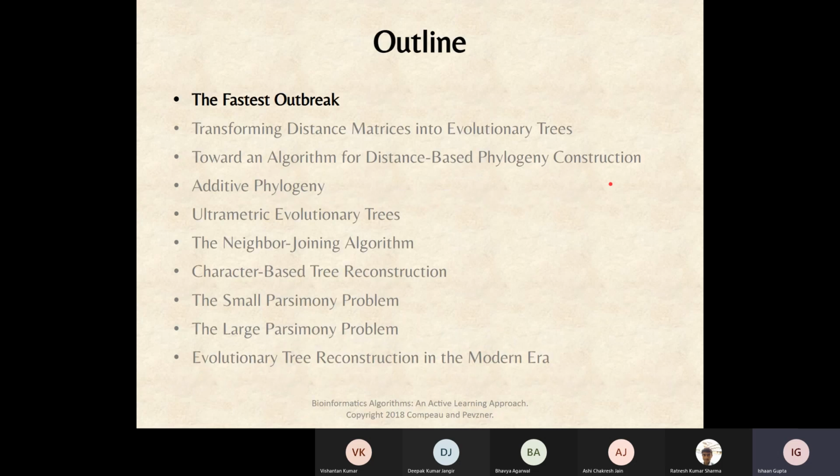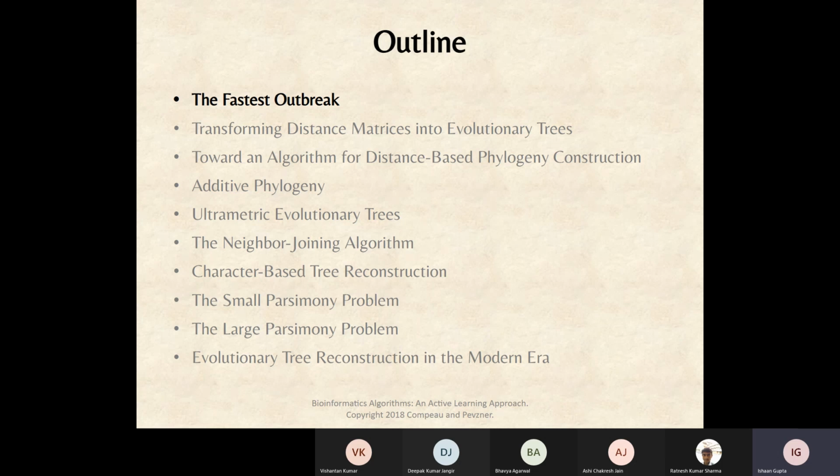So this is the outline. I'm going to talk about how this outbreak happened and what lessons we can learn from it. This will be the motivation. And then from there, I'll tell you how we can organize multiple sequence alignments into evolutionary trees through distance matrices, and how we can come up with algorithms to construct these trees.